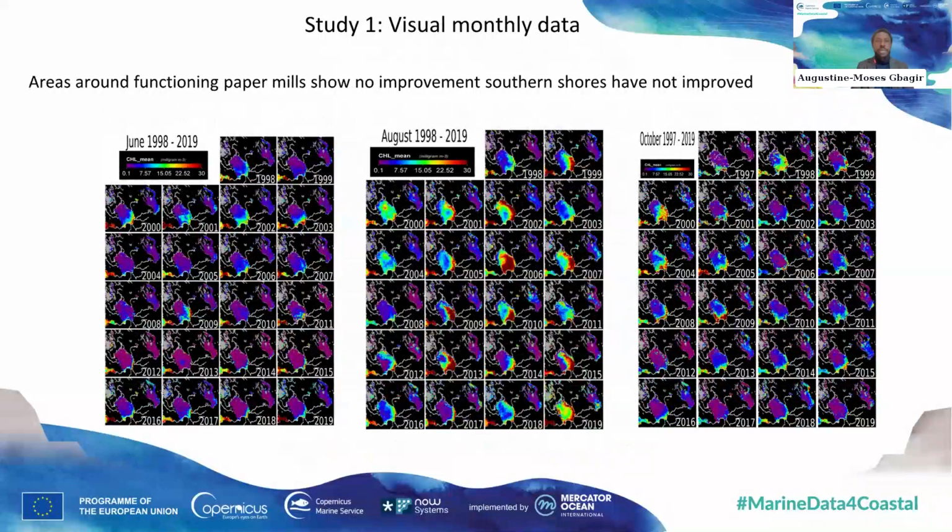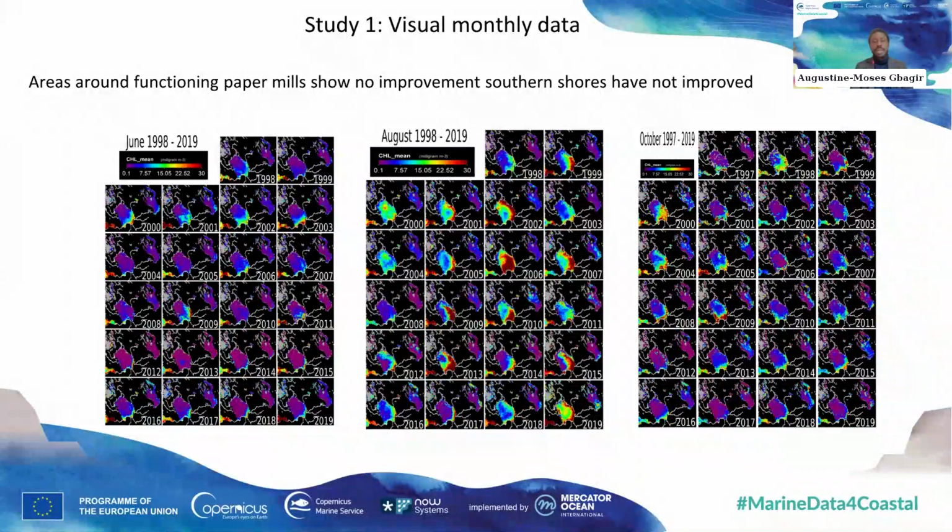I've selected a few pictures here, which you can see right now. They give us a general overview of what it looked like visually. We could see that the coastal areas seem as if nothing has changed, and the areas that had the most improvement were in the central part and in the northern part.